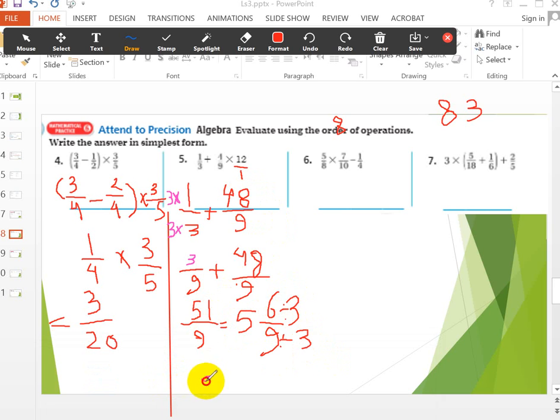So it will be 5 and 6 divided by 3, which is 2, and 9 divided by 3, which is 3. So the simplest form for this fraction will be 5 and 2/3.